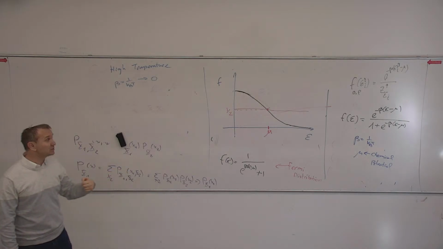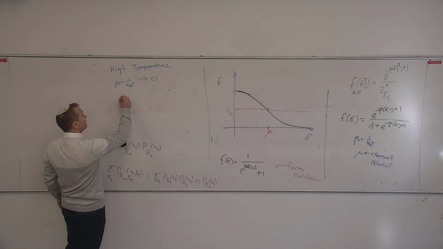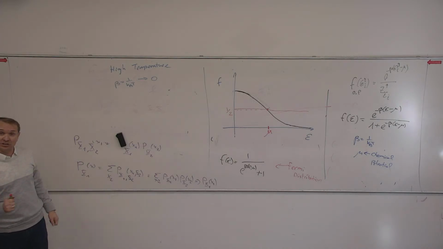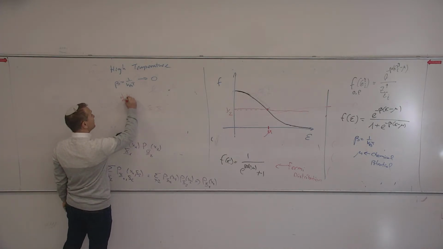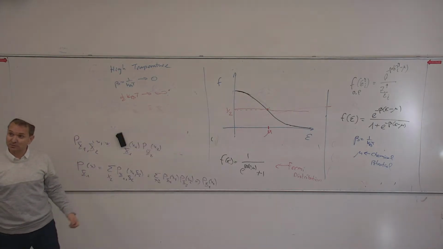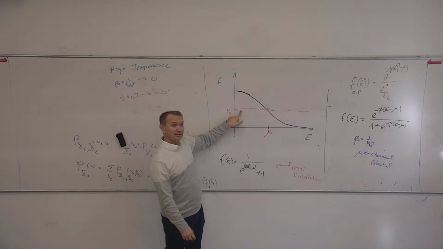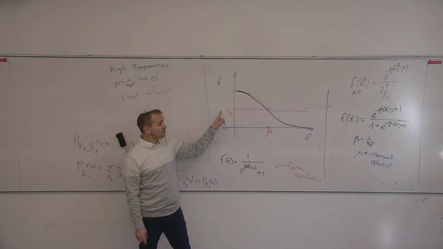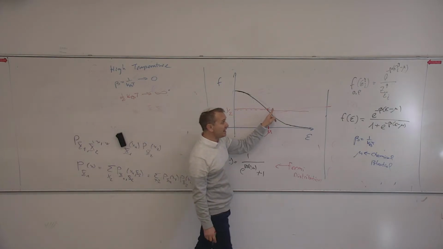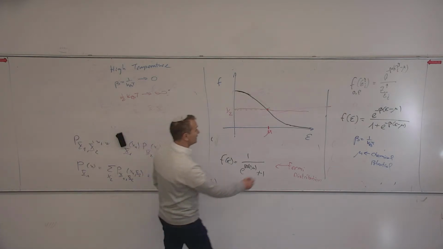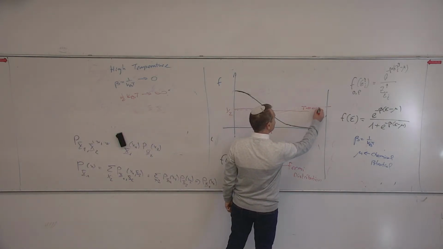Because when the temperature is very high, the kinetic energy, which is 1/2 k Boltzmann T, goes to infinity. So the specific energetic state is irrelevant because I have very large kinetic energy, so I can occupy any energetic level with exactly the same probability. So this is T goes to infinity.